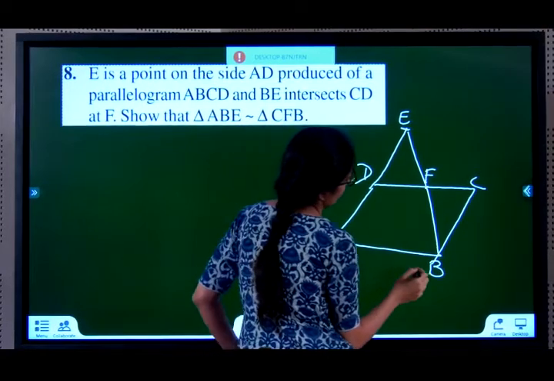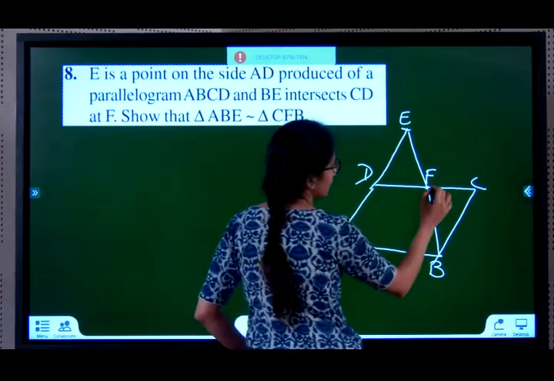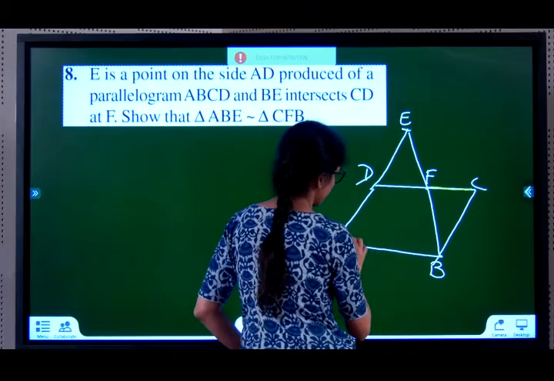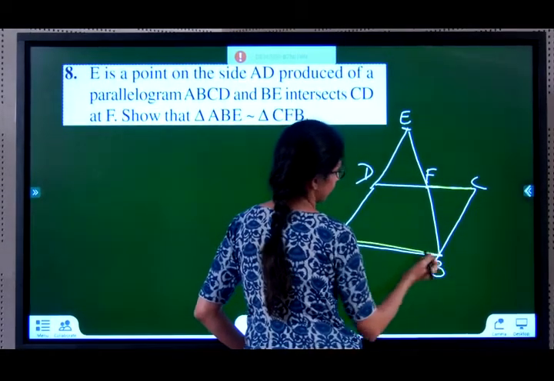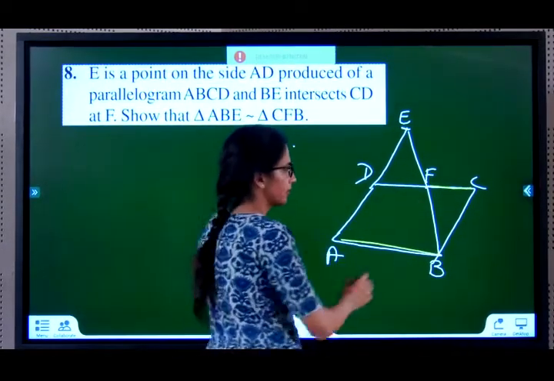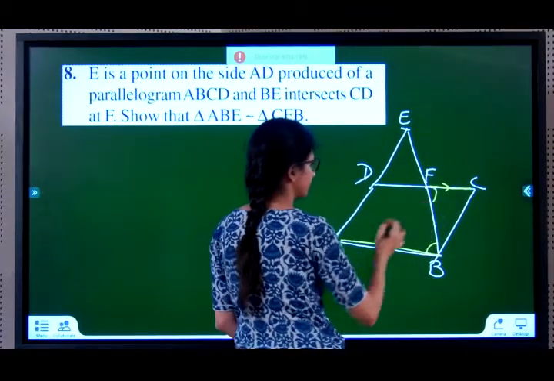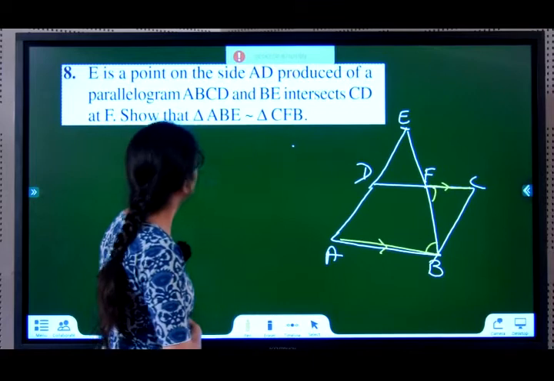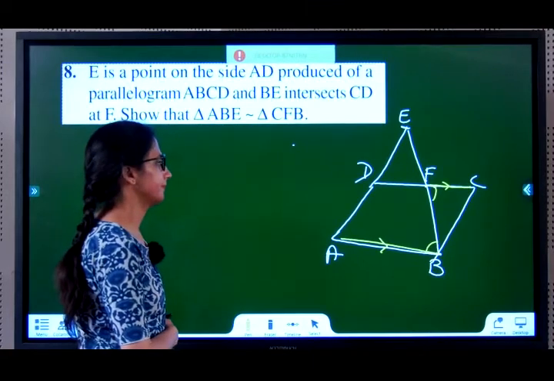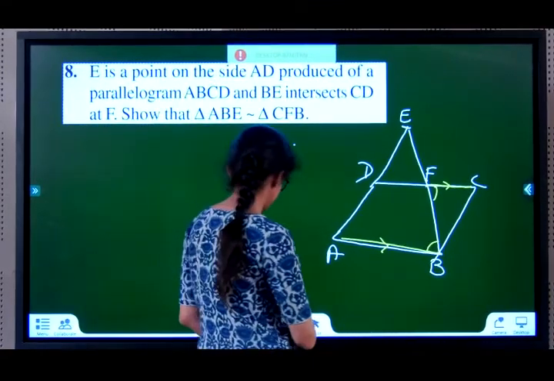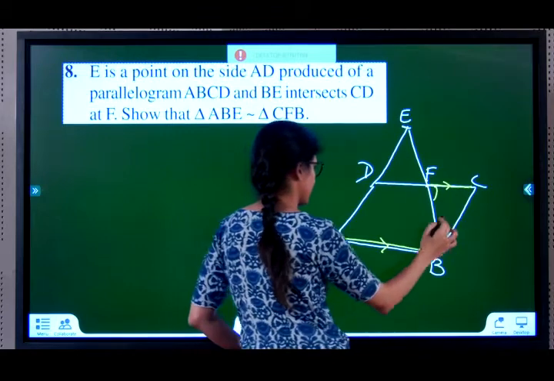Okay. So now this side and this side are parallel. Can I say this angle is equal to this angle? Yes, I can. So let's call these 1 and 2.